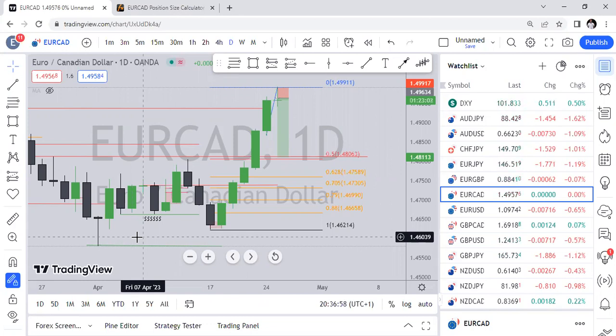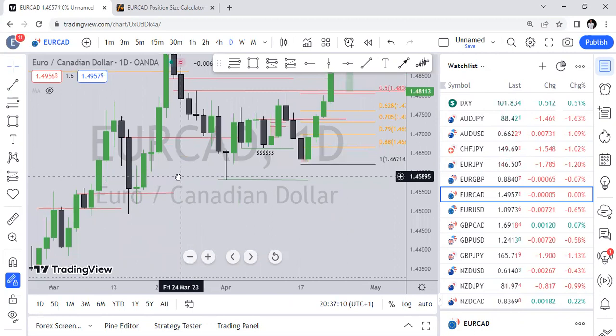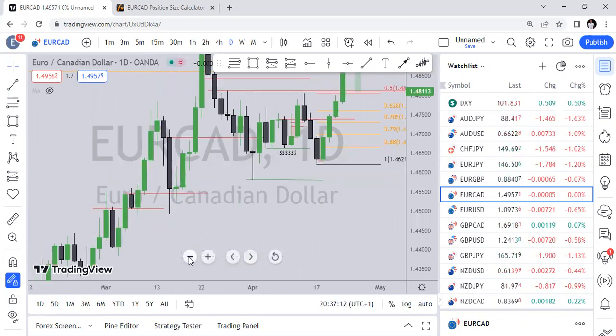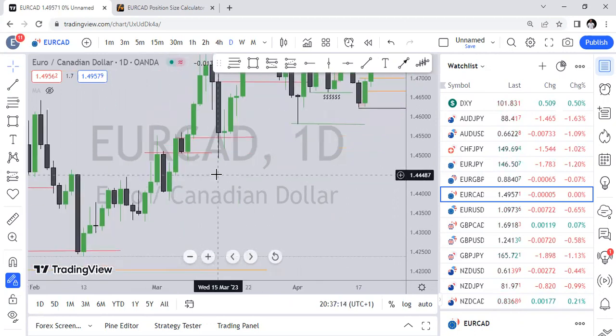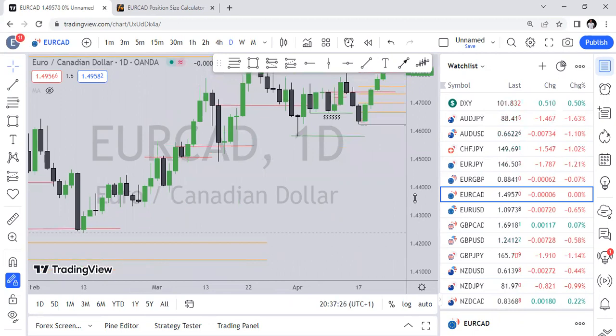So when you want to join a trend, look out for engulfing candles. And when you want to go the opposite direction of the market, you want to make sure that momentum is no longer there. So that's where you begin to look out for dojis.